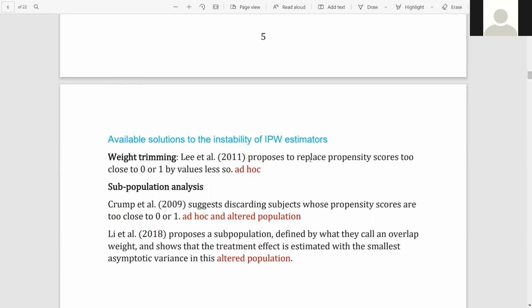The idea is just to replace propensity scores too close to 0 or 1 by less extreme values. The problem with this is that it's ad hoc. You may have some convenient value to trim, but these are just ad hoc methods.